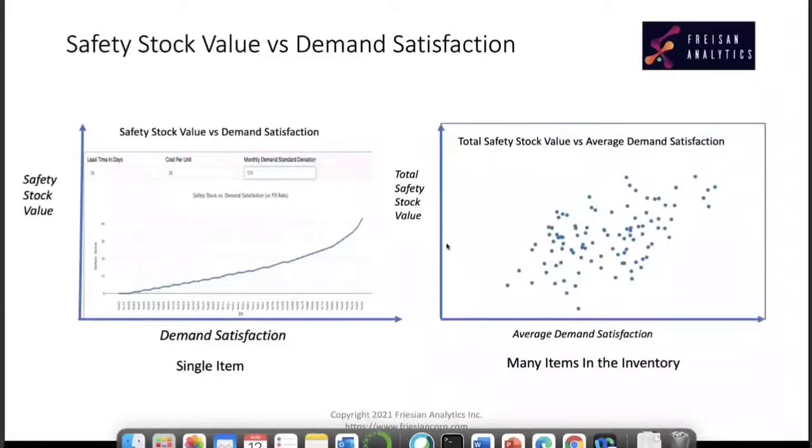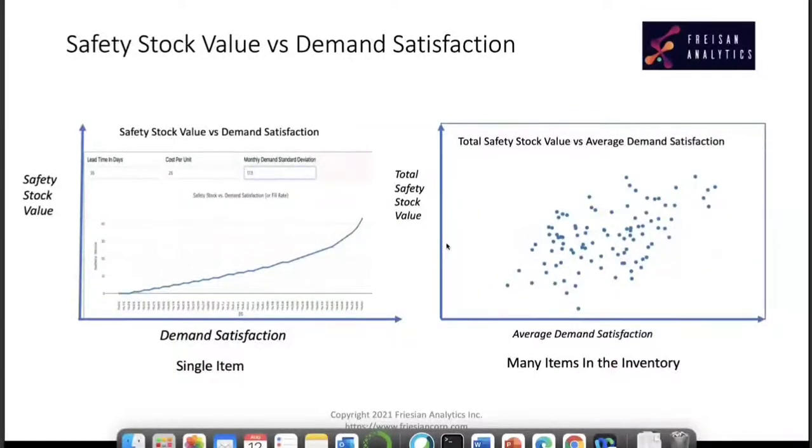Let me show you these two charts we compare. On the left side, we have a single item we're all familiar with, right? In this single item, the DS and safety stock value have a one-to-one relationship, right?